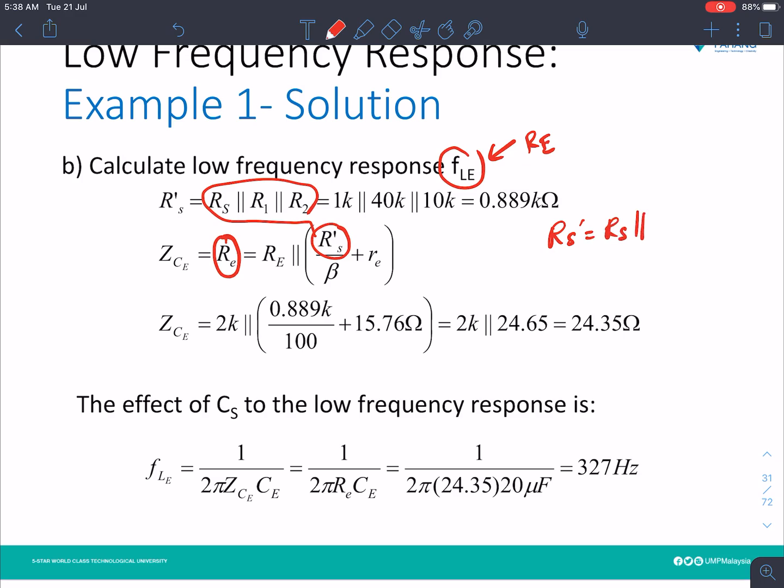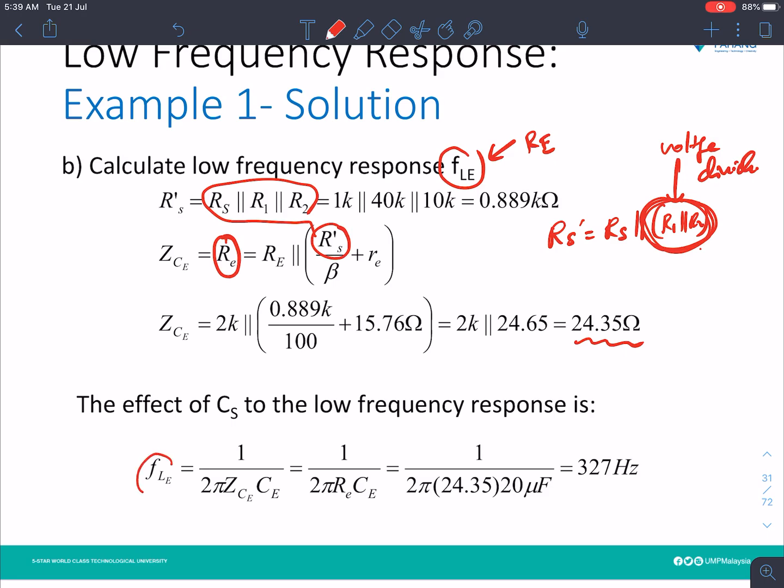The R1 and R2 are there because of the voltage divider. If you change to another circuit, it might affect this value. Then insert this RE into the impedance here. Now you get 24.35 ohm.